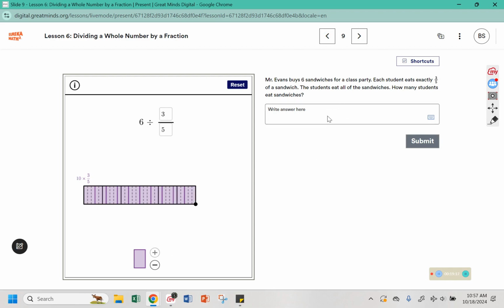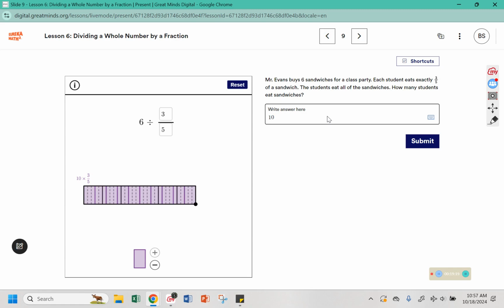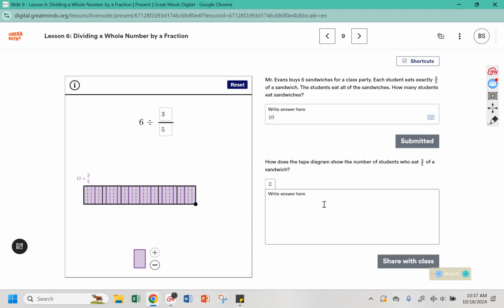So how many students eat the sandwiches? 10 students. How does the tape diagram show the number of students who eat 3/5 of a sandwich? It shows that 10 sets of 3/5 fit into 6 holes. Right here you can see 10 times 3/5 fills 6 holes.